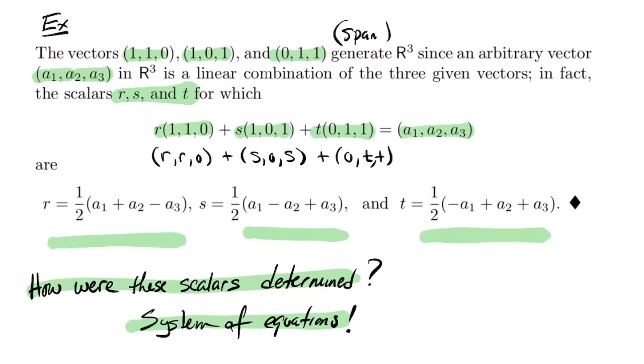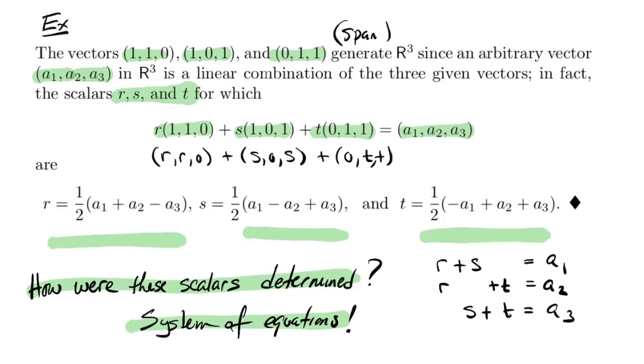If you add the first coordinates, R plus S plus 0, that has to be A1. That's your first equation: R plus S has to be A1. The second equation says that R plus T has to be A2. The third equation says that S plus T has to be A3.